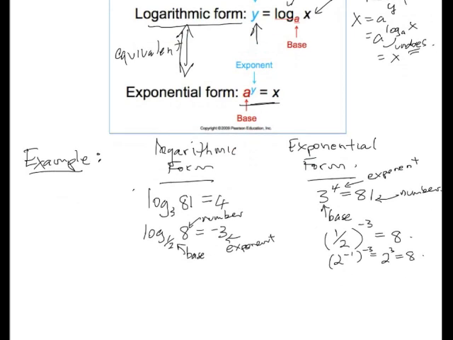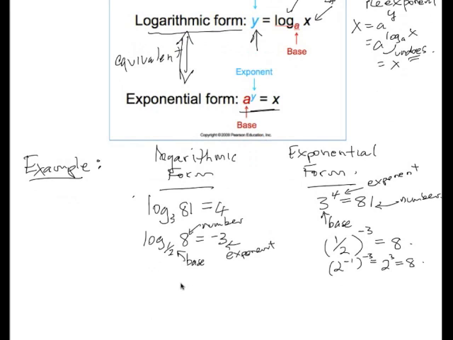Okay. All right, let's try another one. Let's suppose I look at the exponential form of 10 cubed, which we know of course is 1,000. What does that mean in logarithmic form? Well, again, here's our base, here's our exponent, and here's our number.